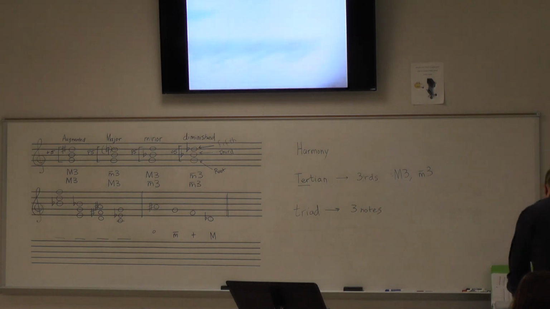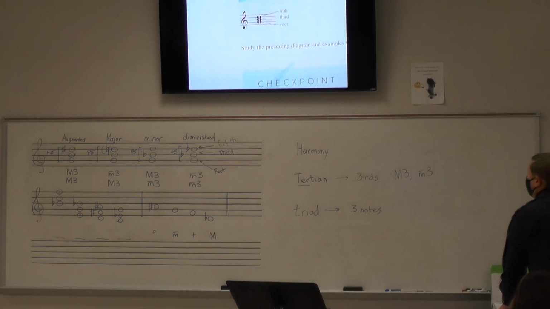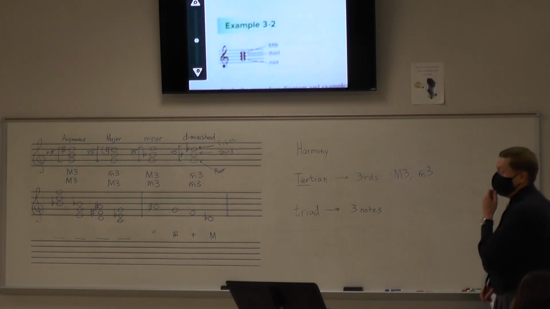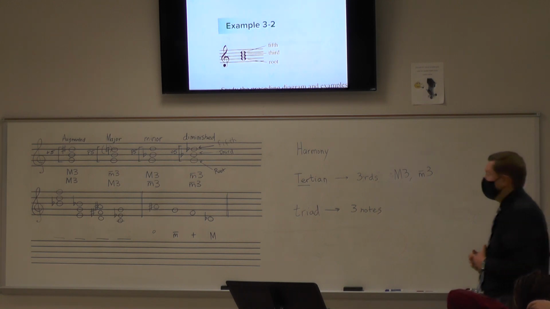And then finally, up on the top of page 39, these are again the three parts to any triad. The bottom note is the root, the middle note is the third, and the top note is the fifth. We say that those are the three members of a triad.